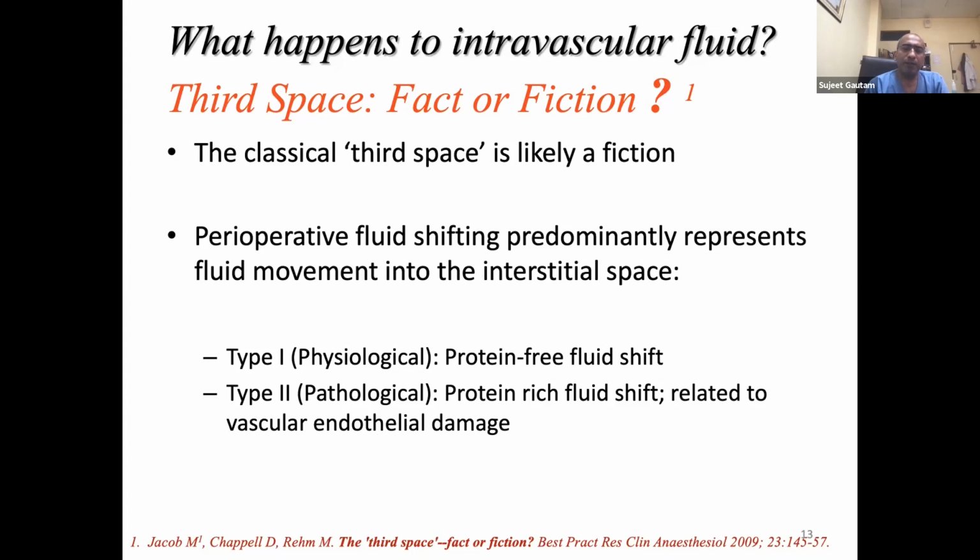And type 2 is pathological, where protein rich fluid shift occurs, and it happens whenever there is damage to the vascular endothelial glycocalyx, and it is commonly seen in conditions of trauma and sepsis. But another condition which may give rise to this is hypervolemia, which we might cause during any surgical procedure via inadvertent fluid therapy.